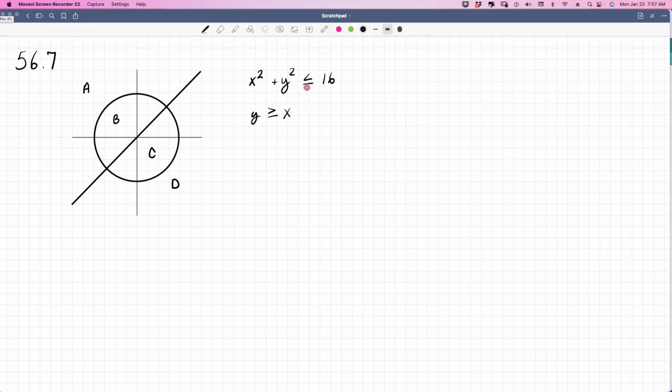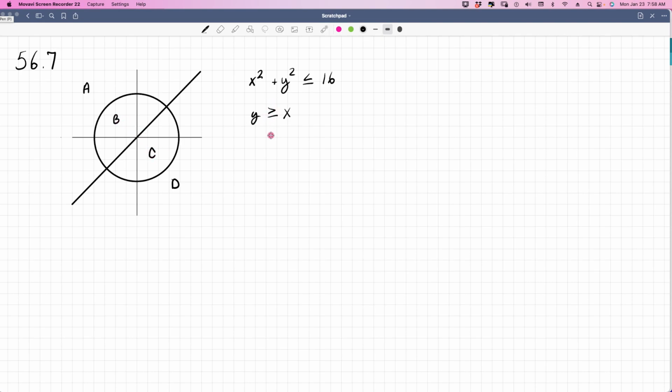So I am going to look for those points that are less than 16. So that tells me that I probably need to look inside the circle, because typically inside is less than, but I don't know if it's the C or the B. So it's going to be B or C.